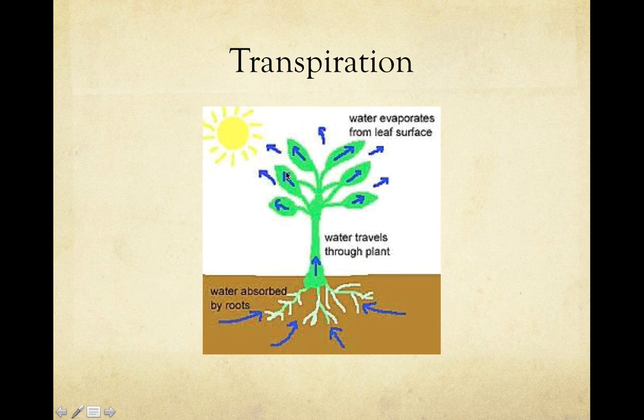Then through the stomata, through the sun, it's going to be evaporated and leave as water vapor. And as long as there's enough water being absorbed by the roots, it's not an issue. But as soon as there's a lack of water in dry areas, then transpiration is going to cause a problem because the plant's going to wither up.